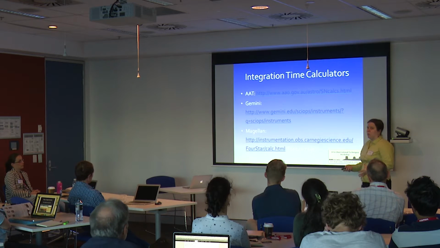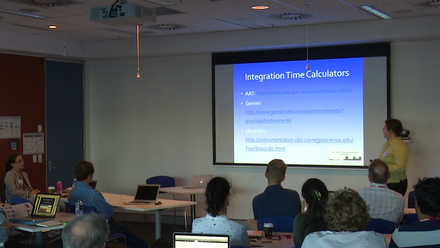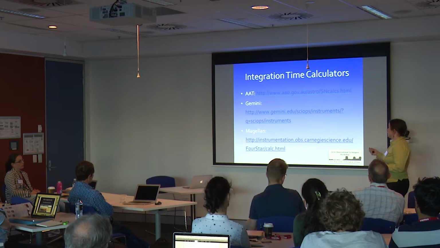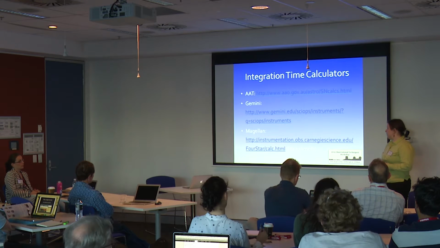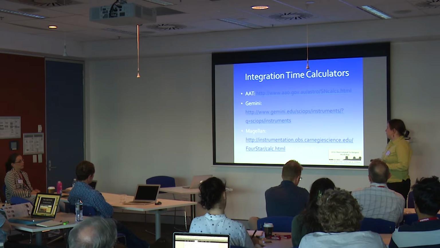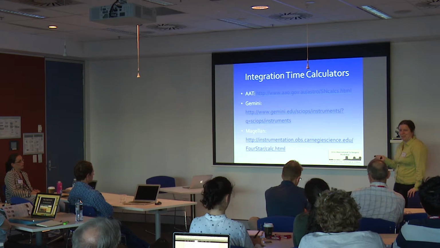Another really valuable thing to have is integration time calculators. The AAT has a signal-to-noise calculator. Gemini has an integration time calculator. And Magellan, I believe, has a spreadsheet that you can use.